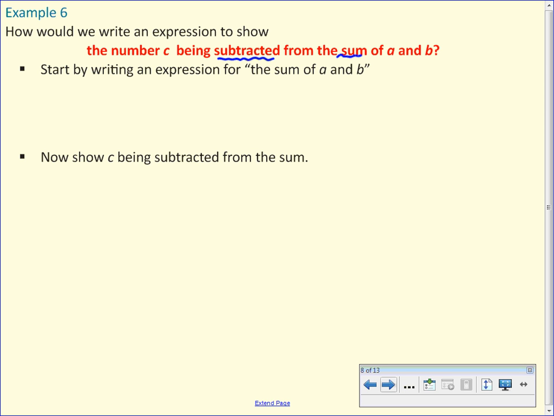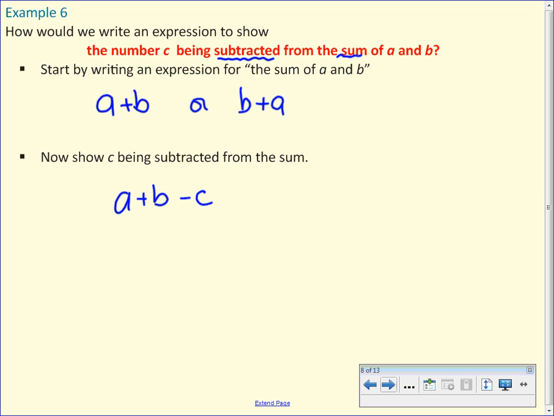So how would I write the sum of a and b? A plus b. Right, or b plus a. I could write either one of those expressions for the sum of a and b. But now I have to take that and subtract c from it. So I have the sum of a plus b, and I'm subtracting c.